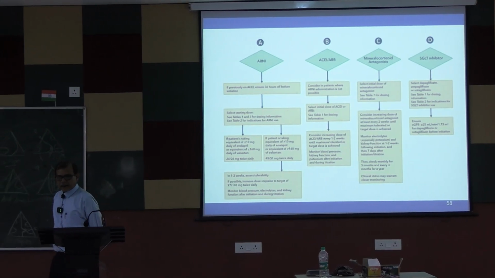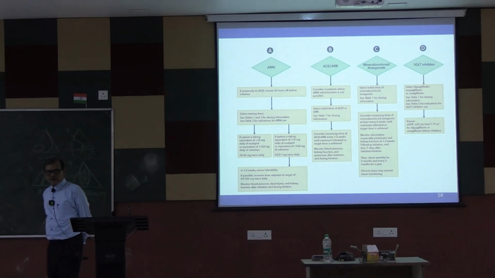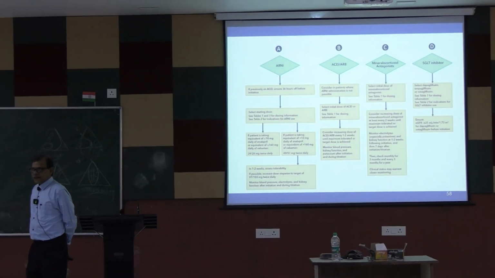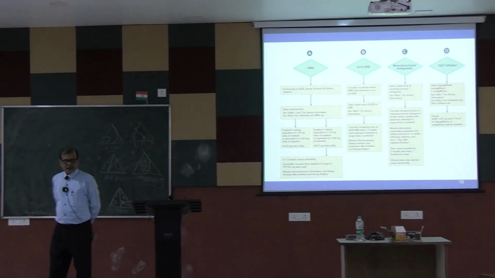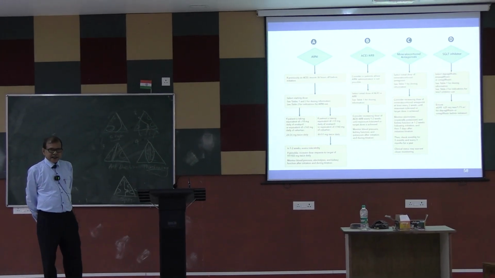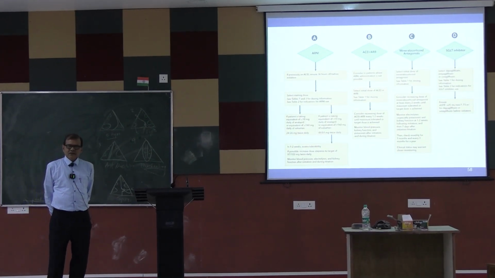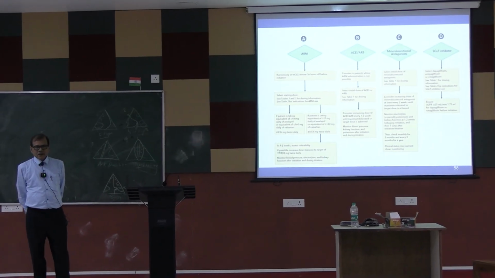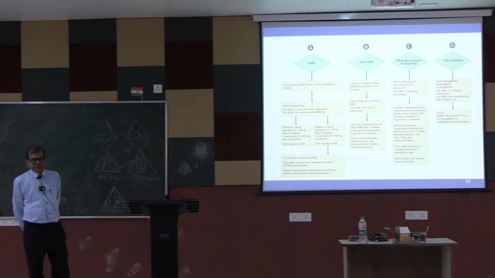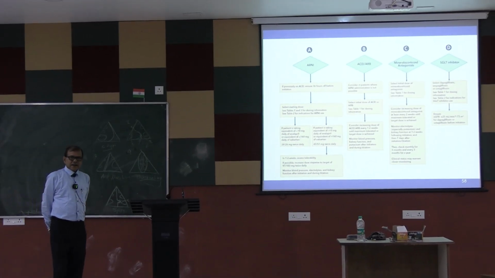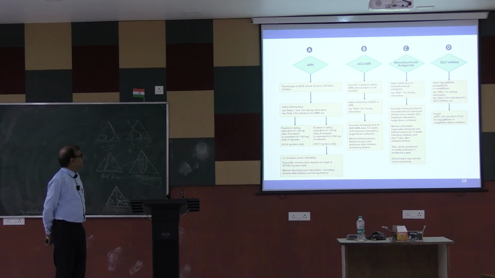So, monitoring should be done by means of BP, electrolytes, and renal function. Initially at 1 to 2 weeks following institution, then on a regular basis at an interval of 14 days during continuation as well as titration of dosing.